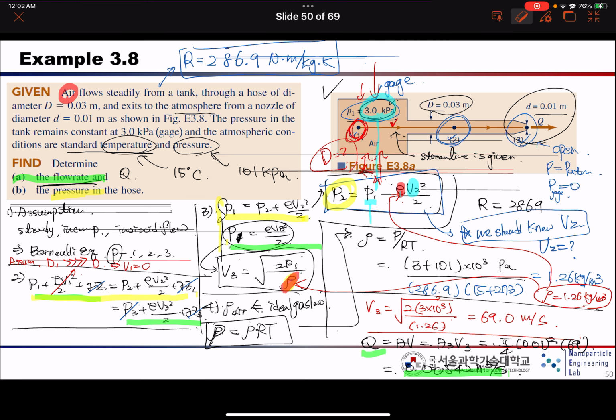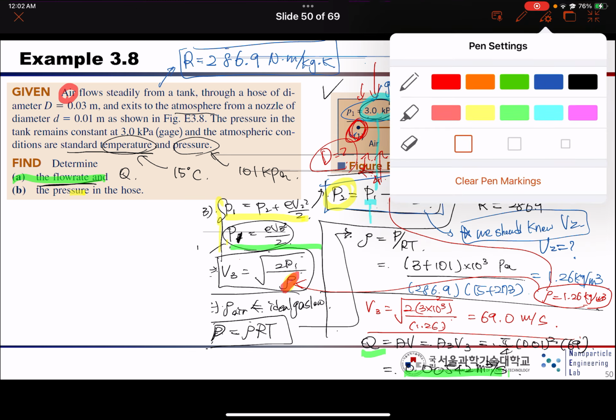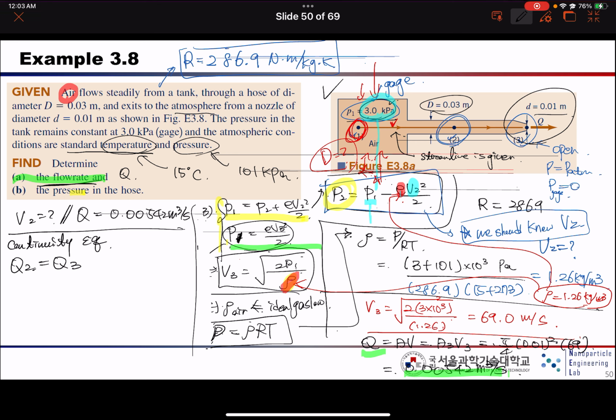So I will erase this part. How to calculate V2? Since we know Q from the first question, according to the continuity equation, Q2 equals Q3, right?